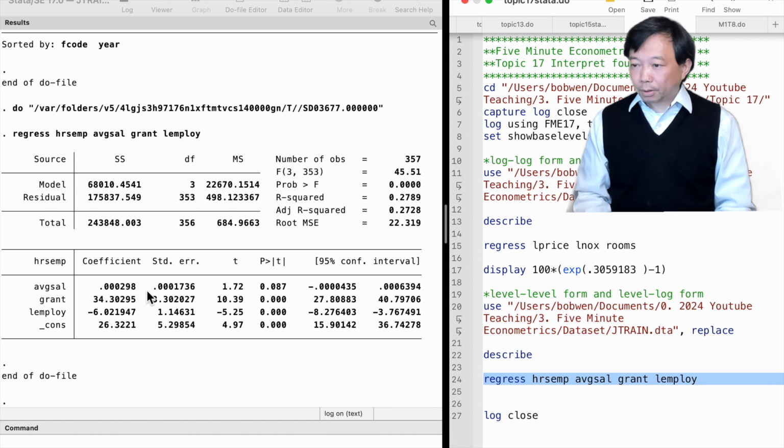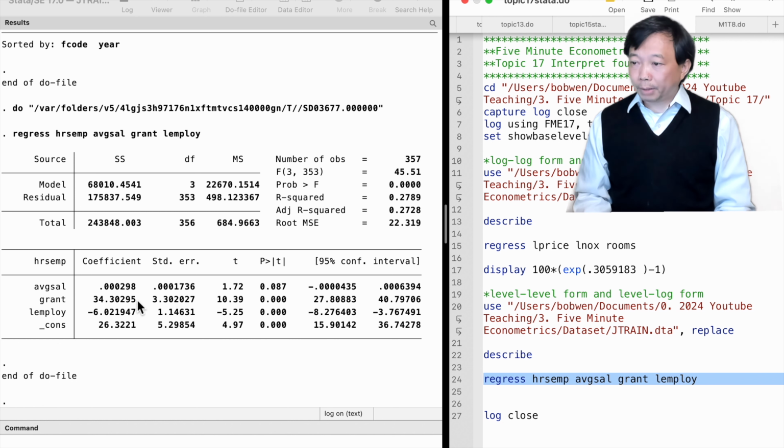In other words, if the annual employee salary increases by $1,000, the hours of training increase by 0.3 hours per employee. The estimate for grant is 34.3, which means firms that received a grant trained each worker on average 34.3 hours more, holding the other variables in the model fixed.